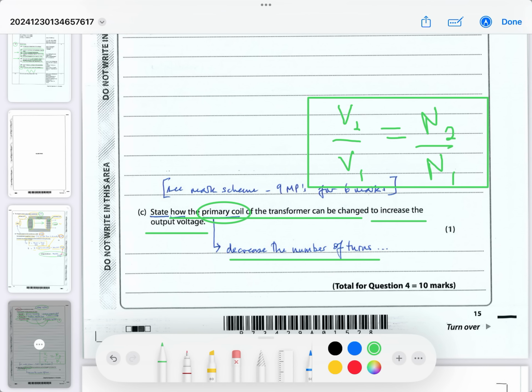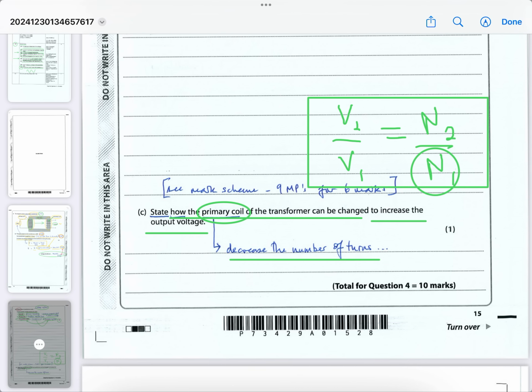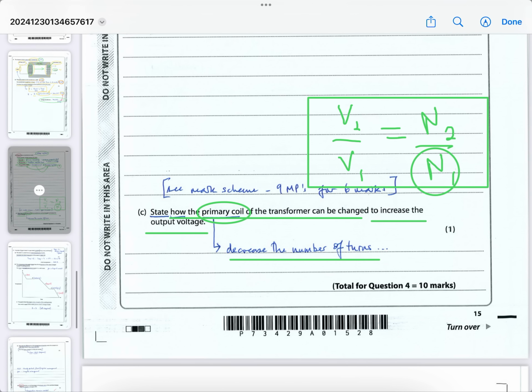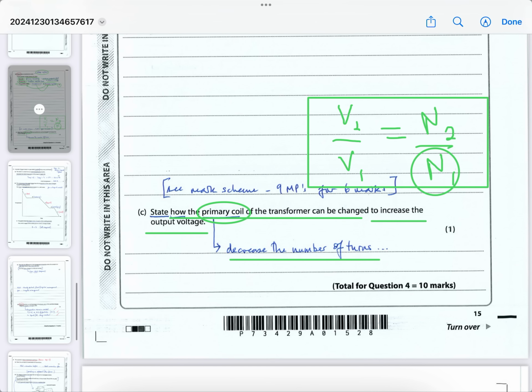So if you reduce N1, then N2 over N1 becomes larger, so V2 will go up compared to what it was before. Okay? Hope that makes sense. And that's the end of part 3, which is on transformer theory. And then the next question, we'll come back to it, is on changing state.